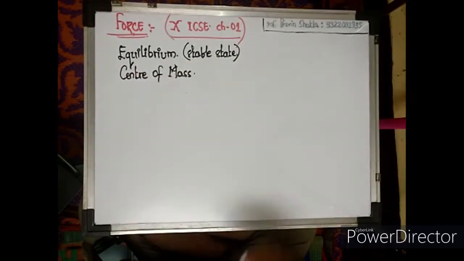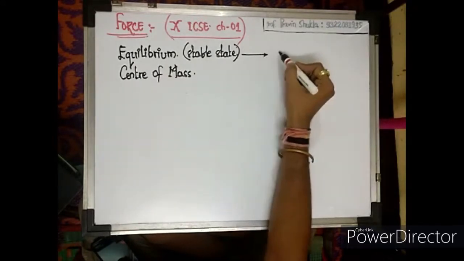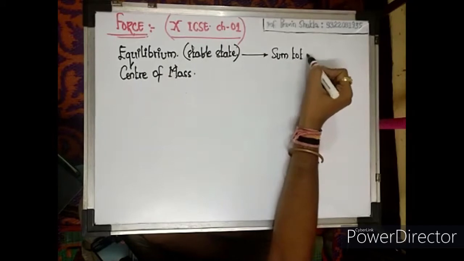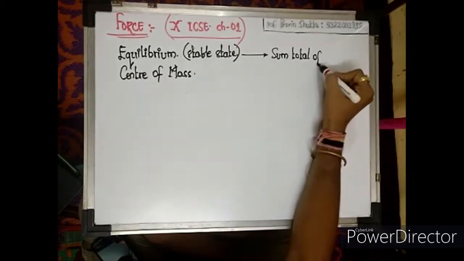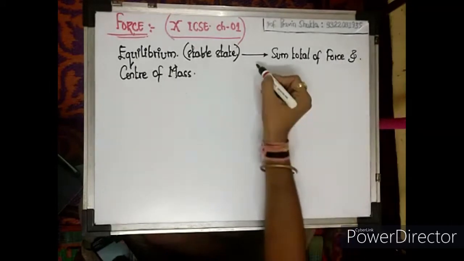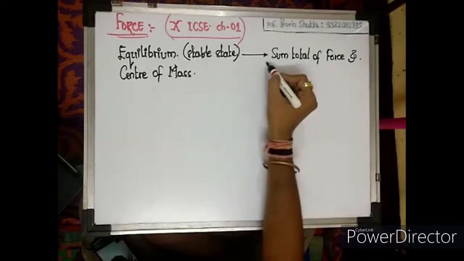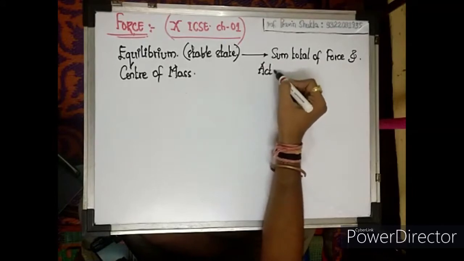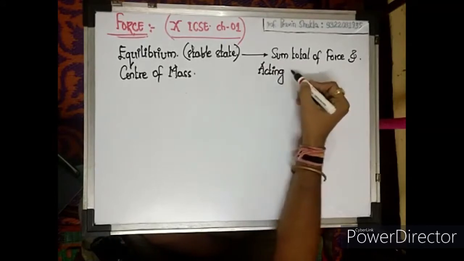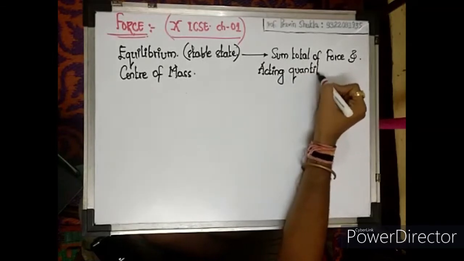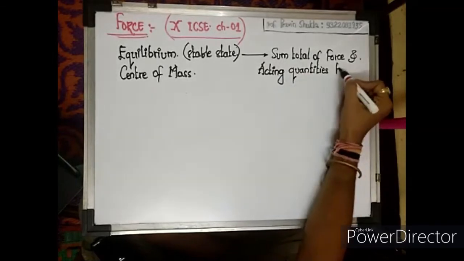By the way, the term equilibrium itself says something. What is it? Equilibrium means when the sum total of force and acting quantities become zero.